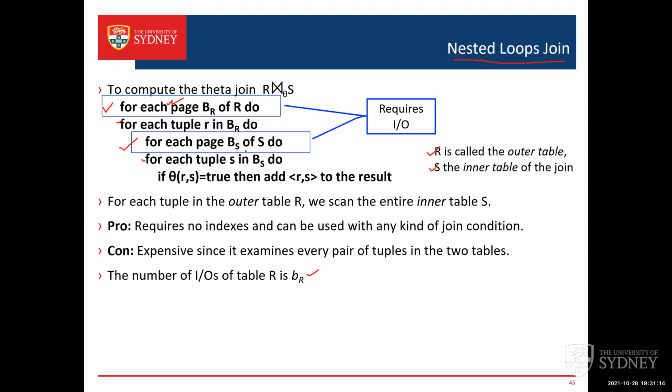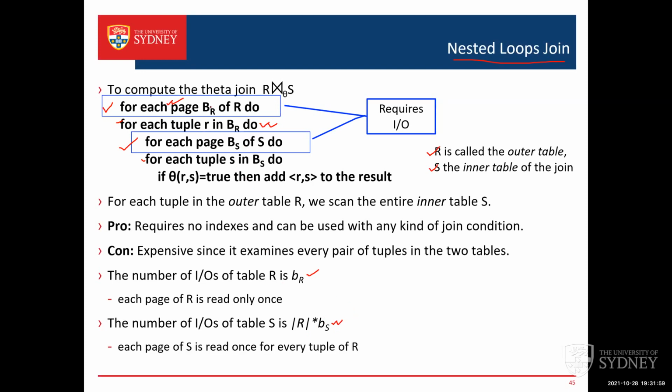For each tuple of R, we are transferring each page of S. If you are familiar with loops, you know this will be R multiplied by BS. For each of the R tuples, we have to transfer BS pages, so this is the transfer cost.